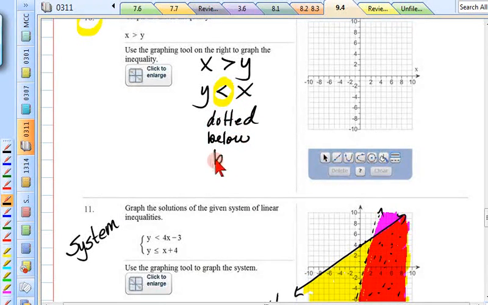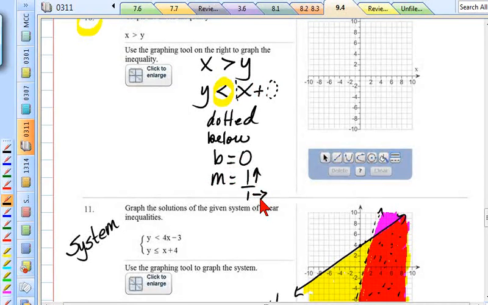What's the b value? Now the b value is an implied 0. It's the identity for addition. What is the slope value? That's your 1. Both of those were implied. Neither one of them was written. So it's 1 over 1, which is up 1, right 1.